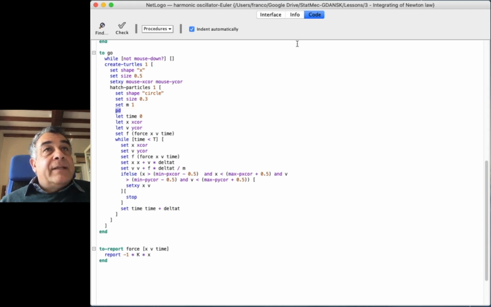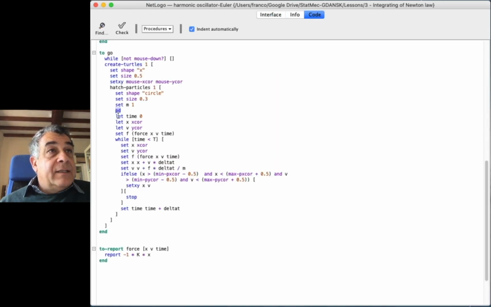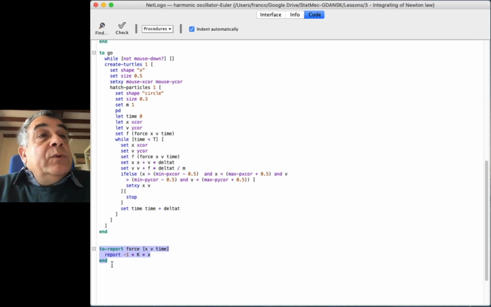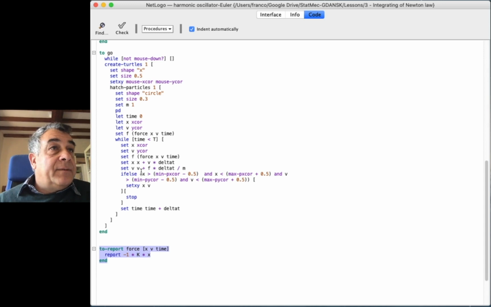It has pen down, so it leaves the track here, and then there is the time loop, where I take the coordinates and compute the force with this report here in order to have a flexible system. Actually, I can simulate any one-dimensional system just by changing the report here. And so I increase the time here.